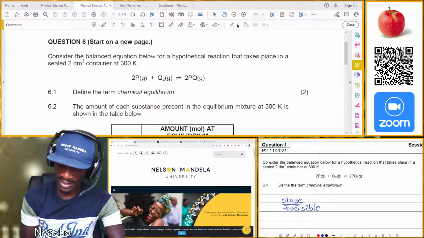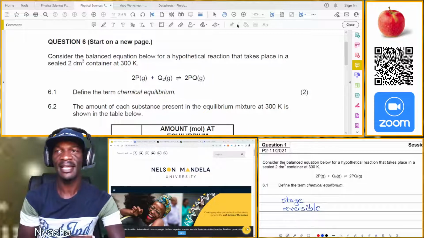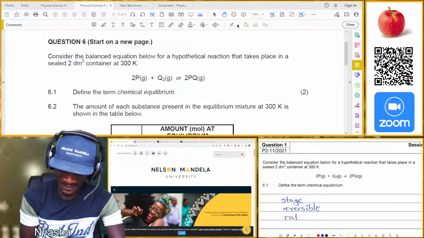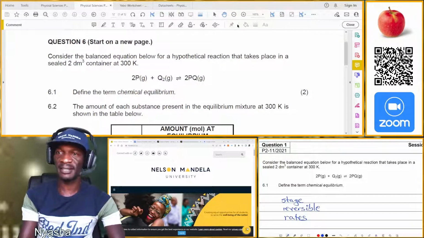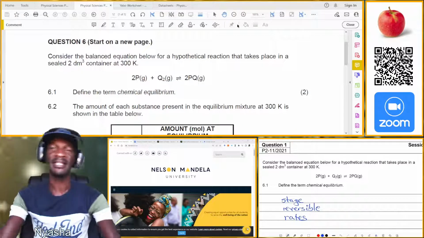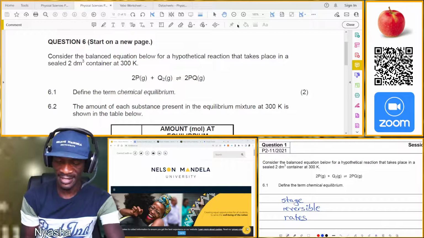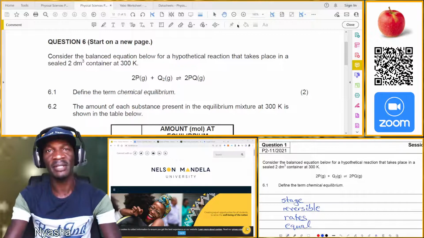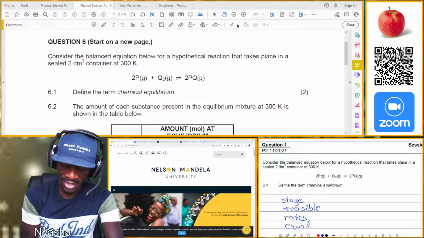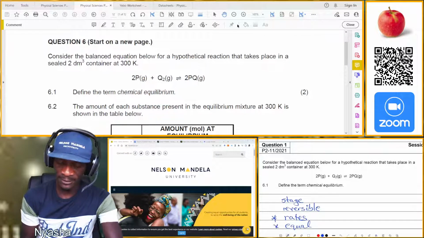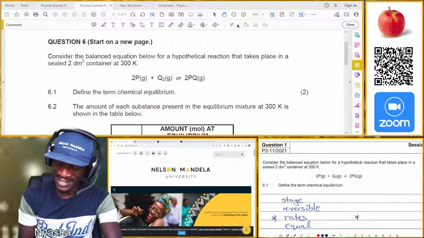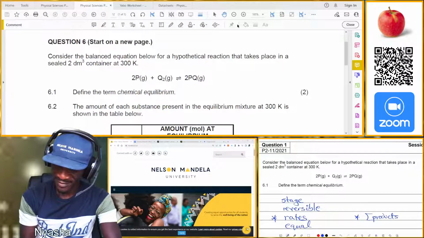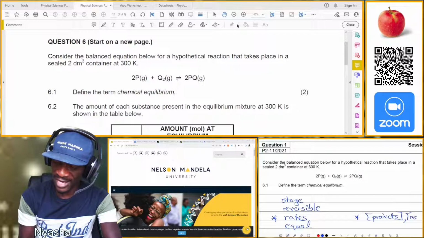So this is a stage in a reversible chemical reaction, and at that stage the rates of the forward and the reverse chemical reactions are now equal. That is when we say chemical equilibrium has been reached. So it's either you are discussing these rates that are now equal, or the concentrations of the products or the concentrations of the reactants.